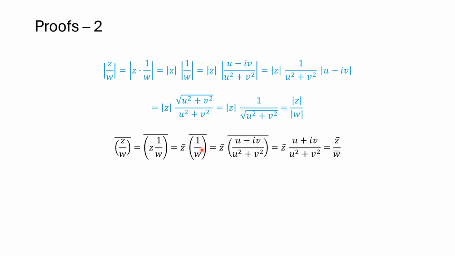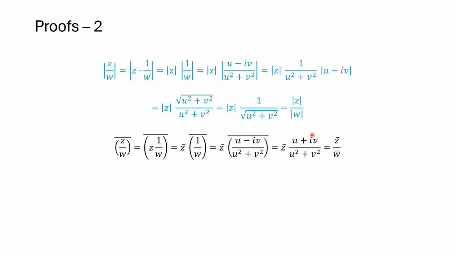And then again, using the identity for 1 over w, which we used above in this expression. So we get this here, keeping in mind that u squared plus v squared is real. So when you take the conjugate of this, you get just u plus iv. And then this here is in fact 1 over the conjugate of w.